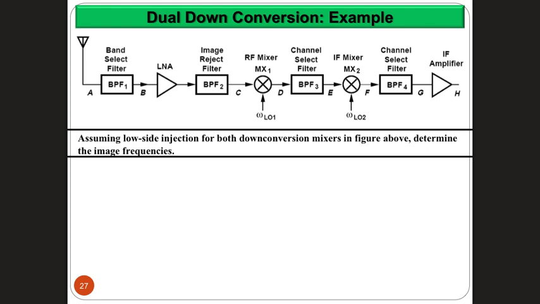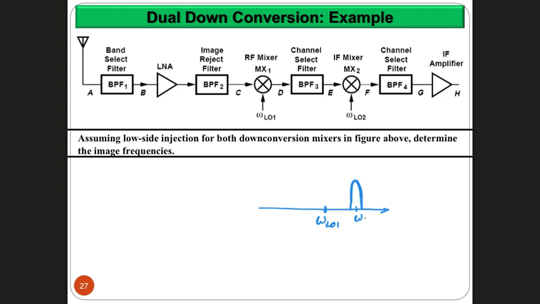If you go through the first stage until you come to the first intermediate frequency, what you encounter is your incoming signal, and your local oscillator, which is lower because we are using low side injection.